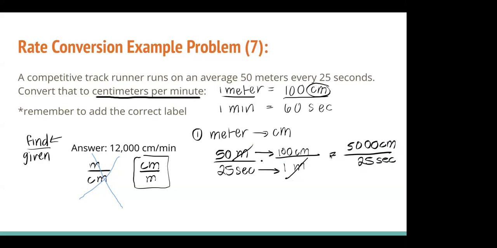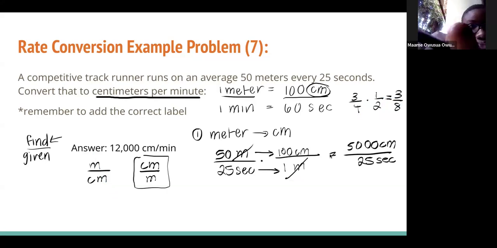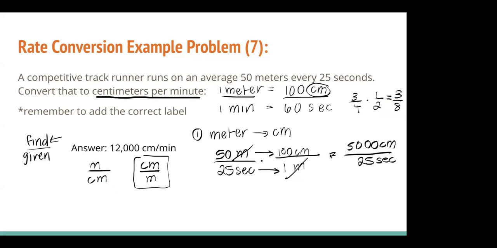It's like multiplying two fractions, like 3 over 4 times 1 half, your answer would be 3 over 8, right? Because it's multiplied. The same concept applies here. Does that make sense?